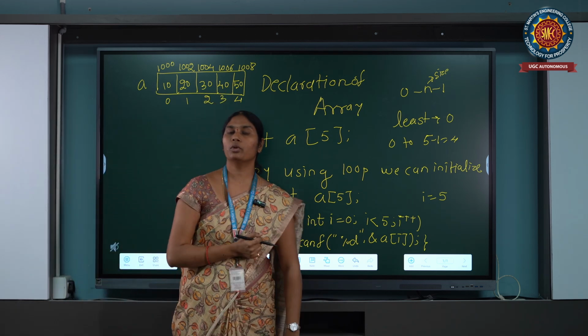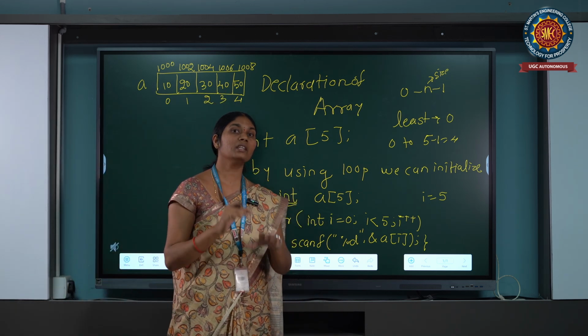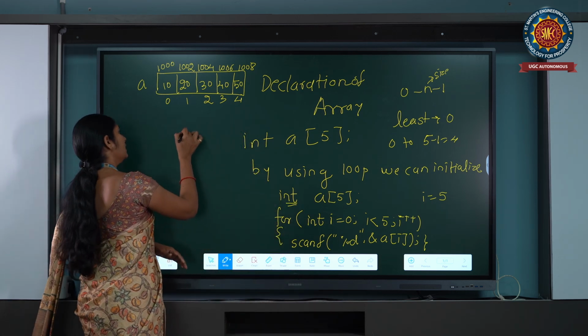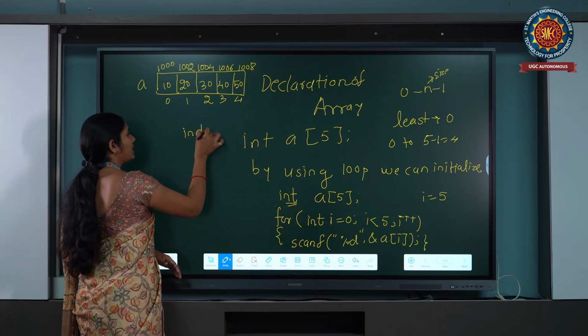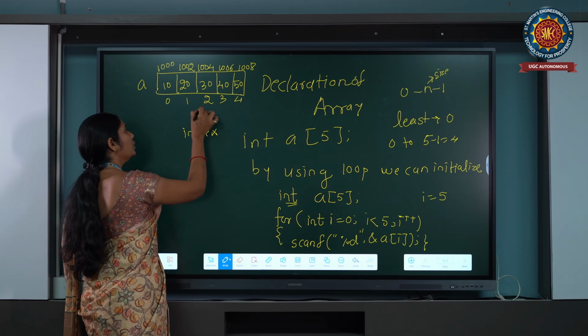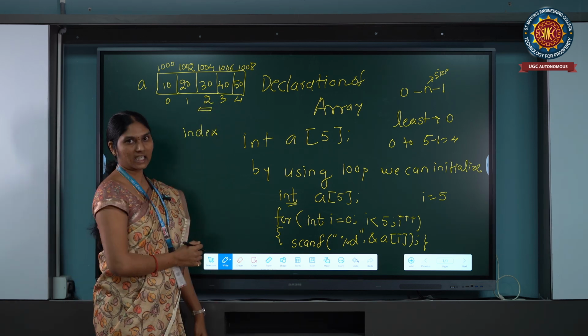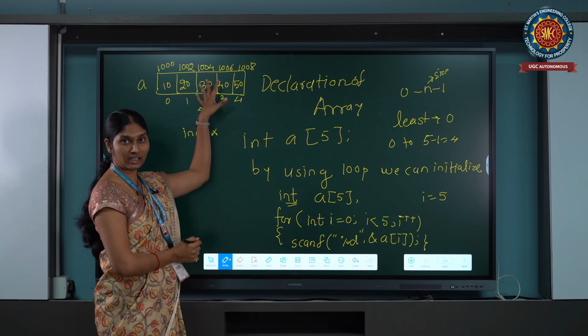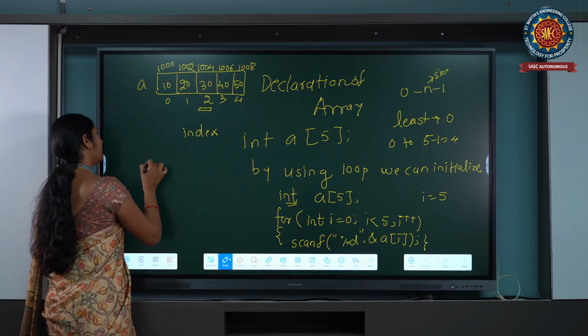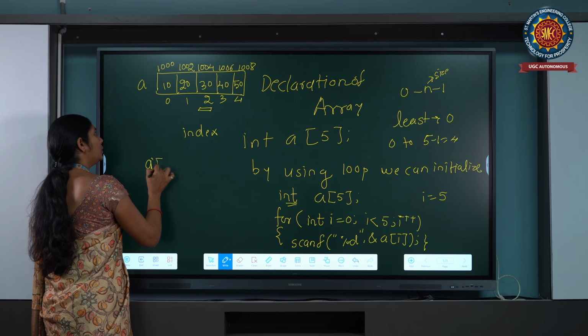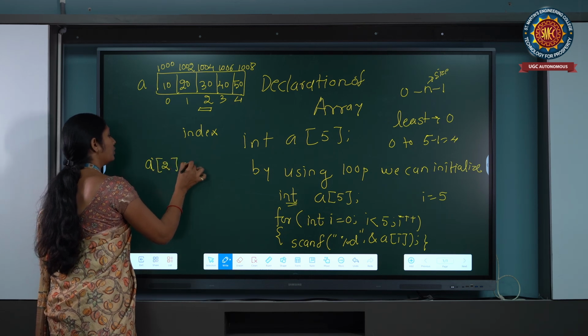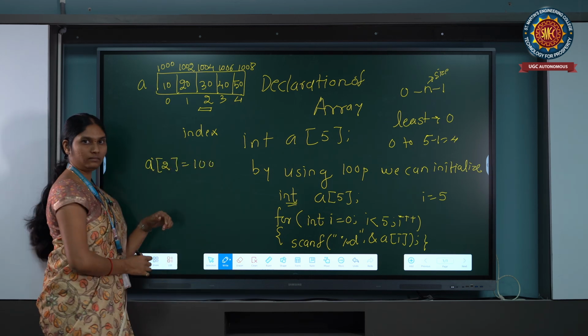And suppose I want to change any array element, we can change the array elements with the help of the index value. Suppose I want to change the array element at index A of 2. Before that, what is the value there? 30. And suppose in place of that I want to store 100.